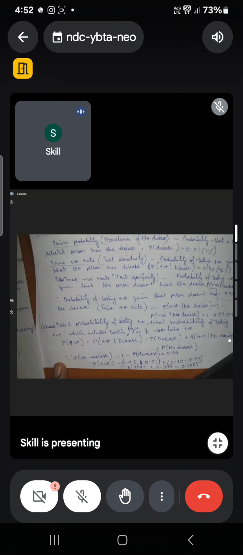In AIML also, you will come to know about these terms: true positive, false negative. You will come to know about these kinds of terms. So in this problem also, we are calculating on this.